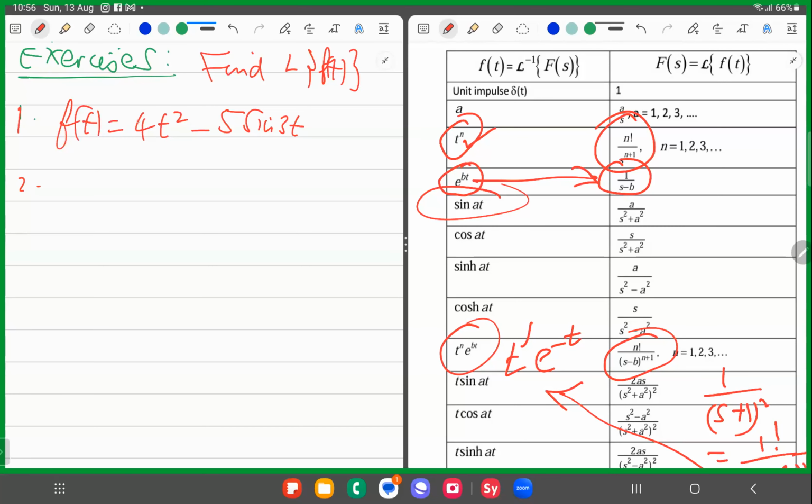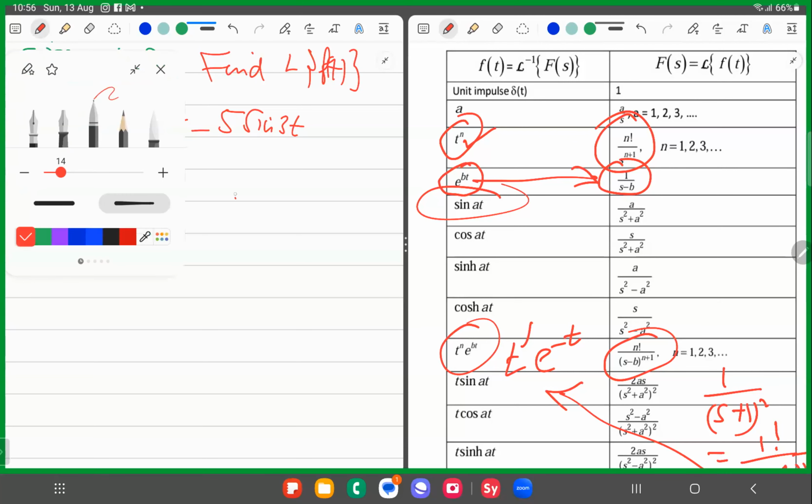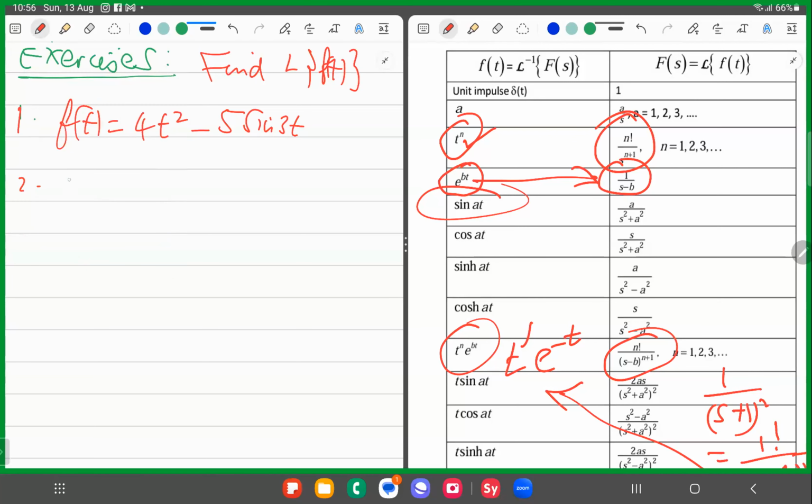I want to give even basic ones, like they can ask you to find, f of t equals e to the t plus 7. F of t is e to the minus 2t minus 5.